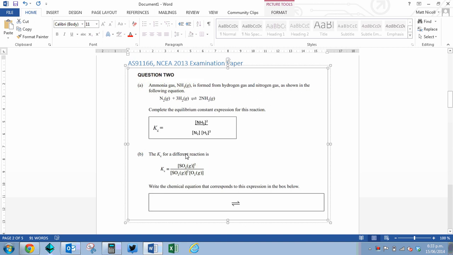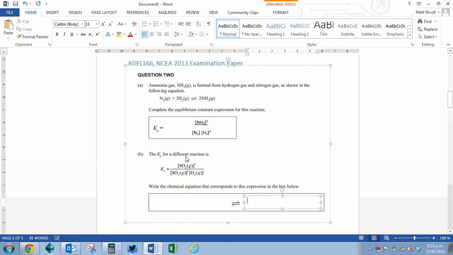Just like that, I've got to be able to take an expression and pull it apart. So if I see here, SO3 gas is on the top, so it's my products. So I put SO3, and I probably should put my gas there as well. The reason that we worry about gas is if we were to change pressure, for example.